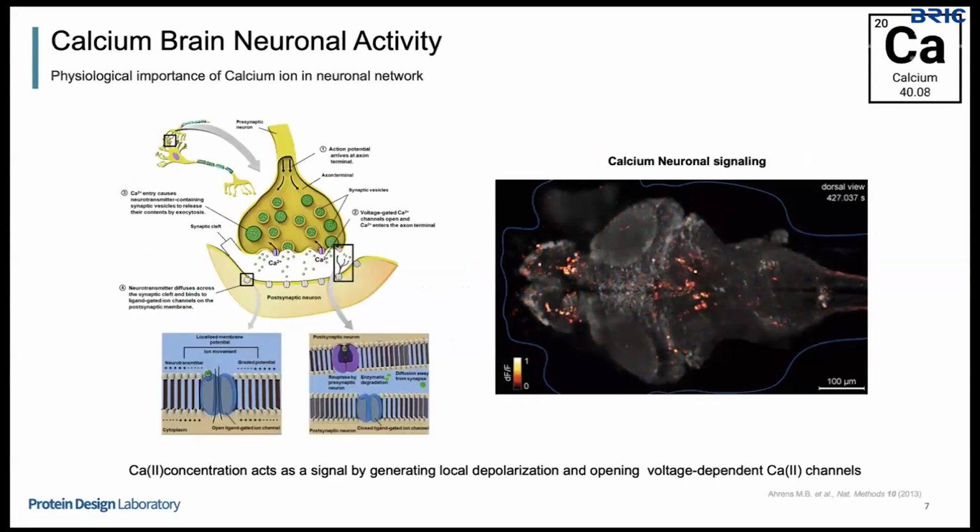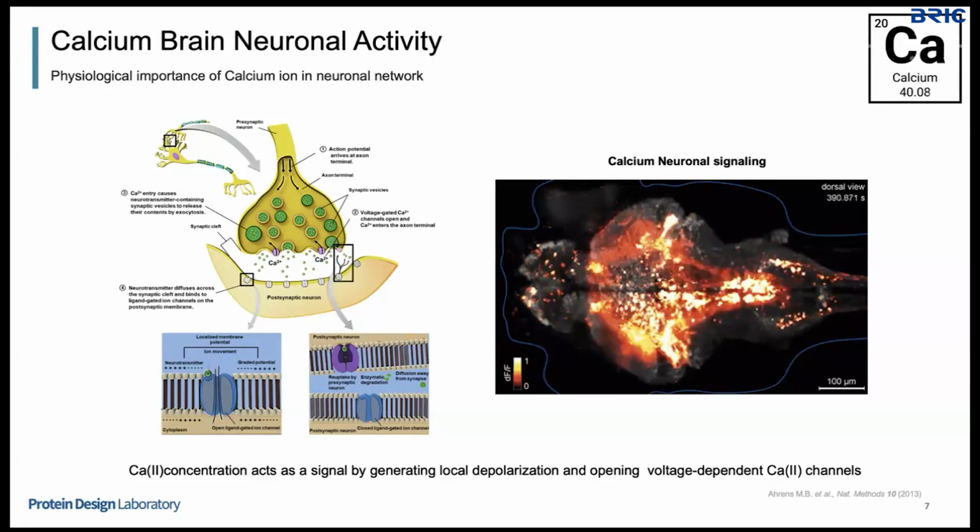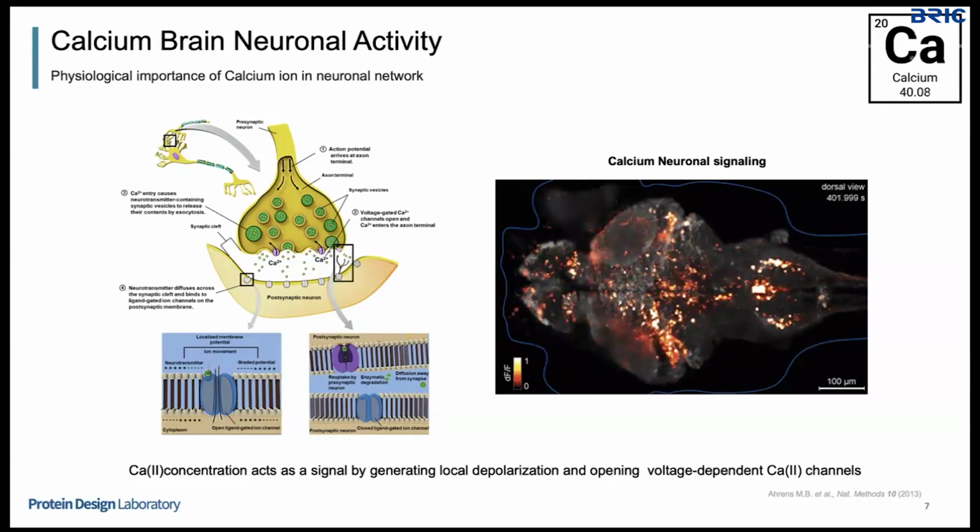Every project has a motive for its work, and for me, the reason I picked calcium was neuronal activity. Calcium is quite important for neuronal activity. It can transmit the signal from one neuronal cell to another across the synapse area.